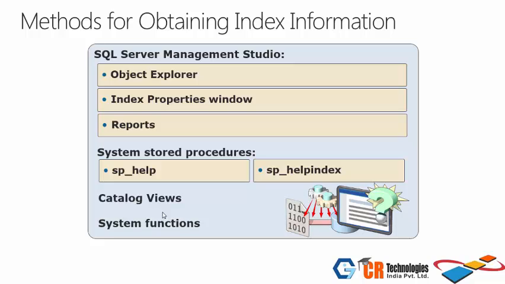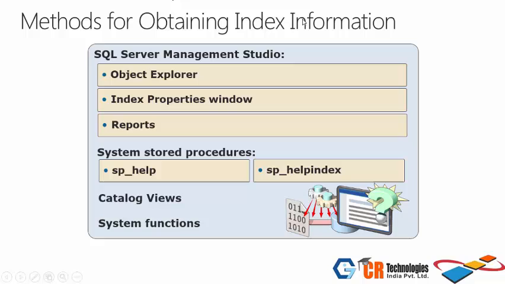Now there are plenty of ways to monitor and obtain index information. We have a series of DMVs that we can use for it. We can use the management studio. We can use the sp_help stored procedure. Or we can use the sp_helpindex stored procedure. So quite a few methods are available for us to pick up index information.